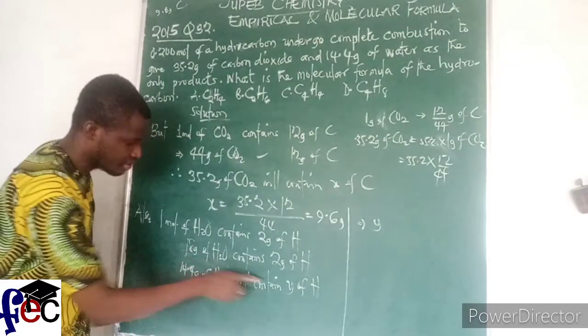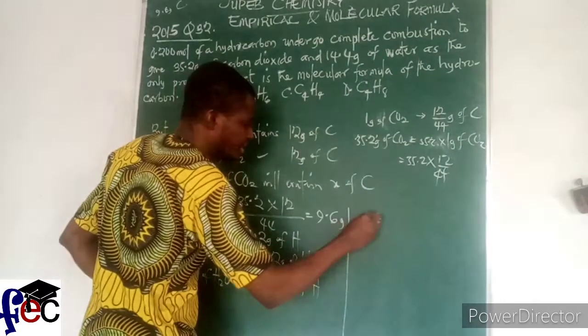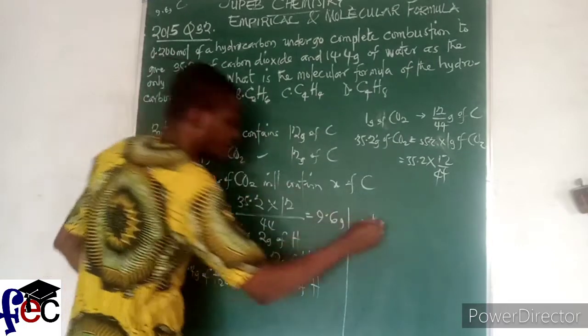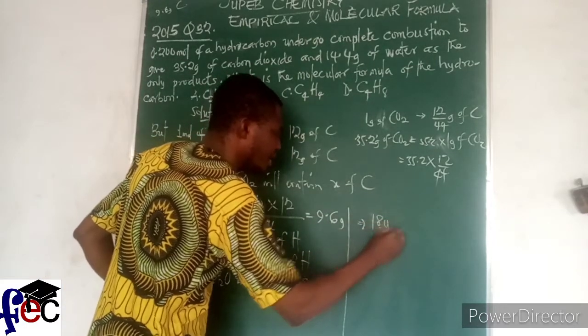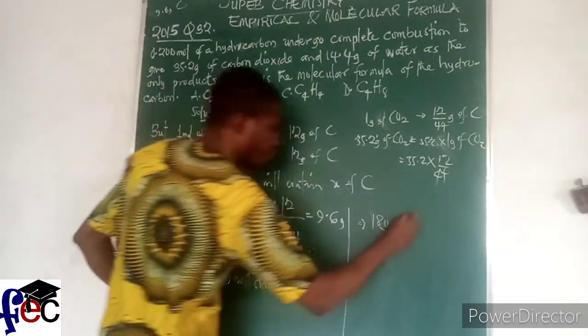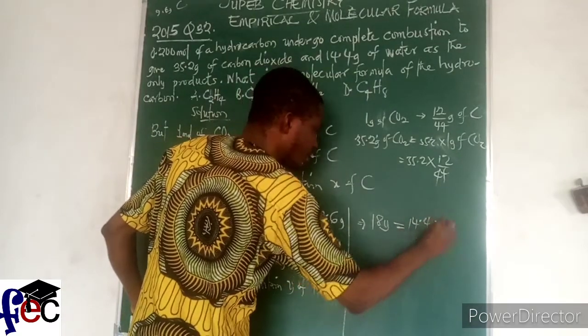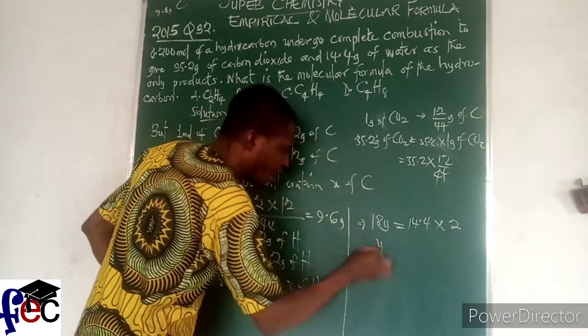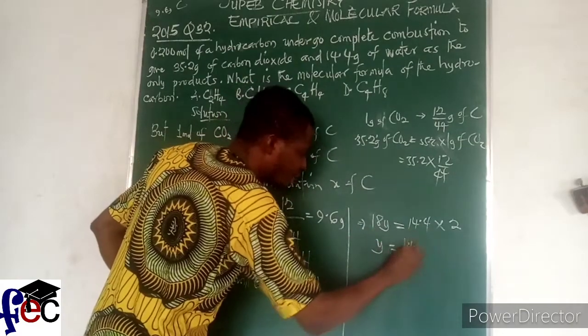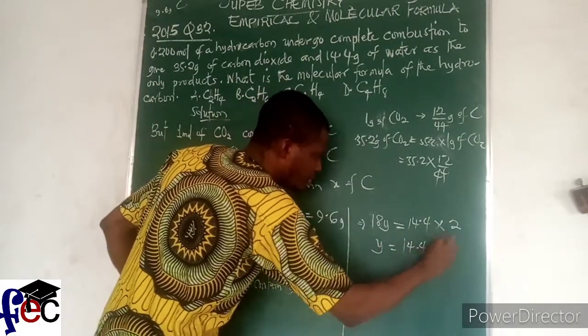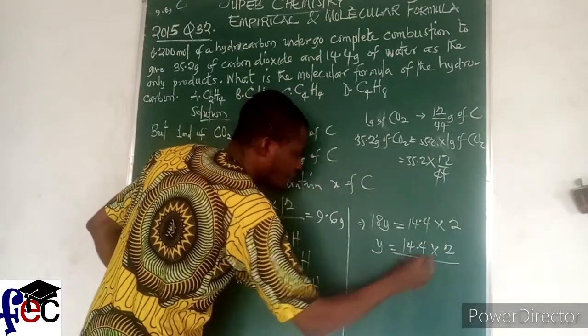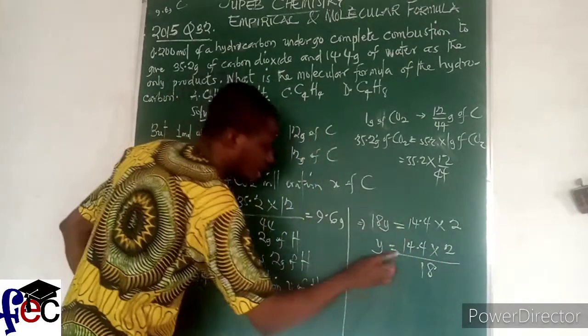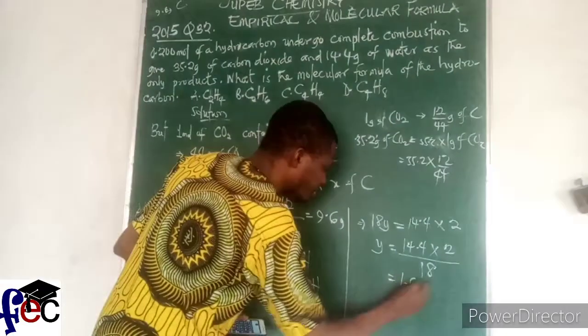Let's write it that way so that you see it. We didn't write it in the case of this. That means 18Y is going to be equal to 14.4 grams, I'm not putting the gram, multiplied by 2. So that our Y, dividing both sides by 18, you are going to have 14.4 times 2 divided by 18, which is 1.6 grams.